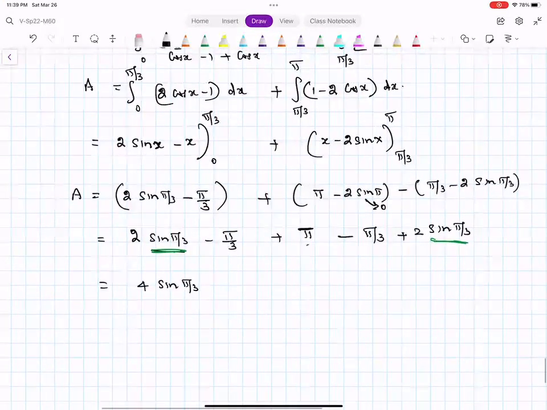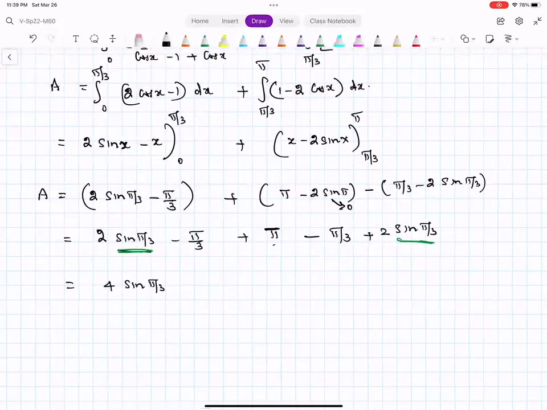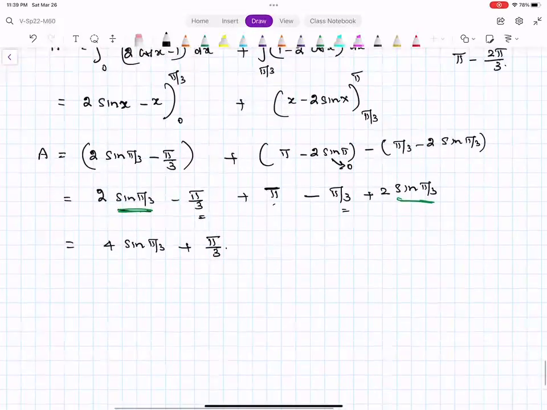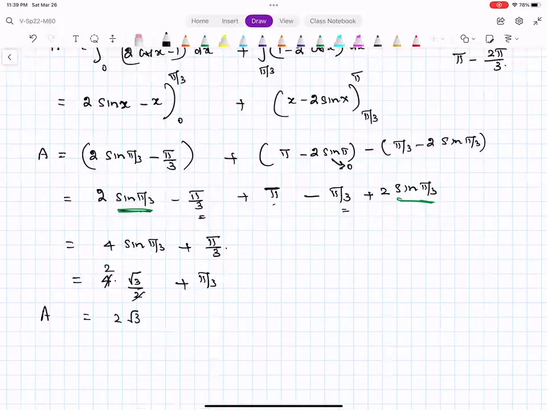Then you have pi minus 2 pi by 3, which will be plus pi by 3. But sine of pi by 3 is root 3 by 2. So the answer would be area equal to 2 square root of 3 plus pi by 3.